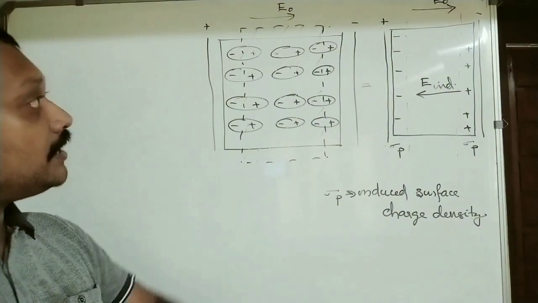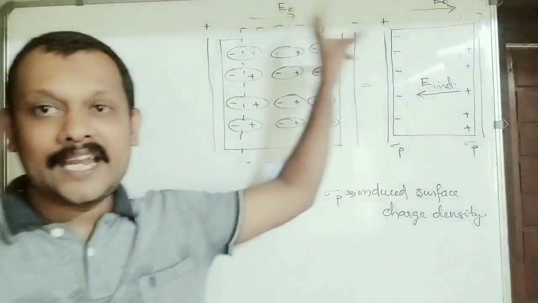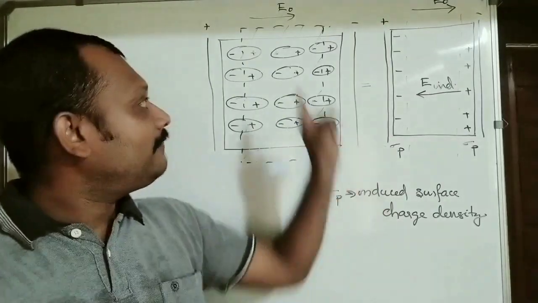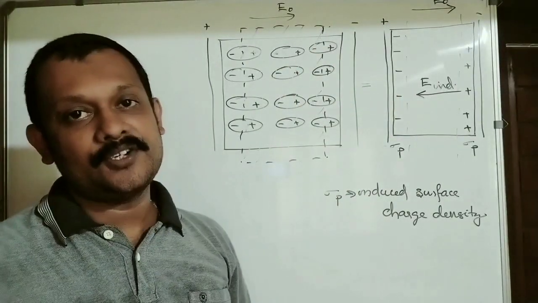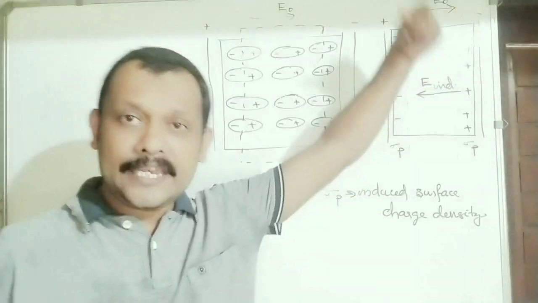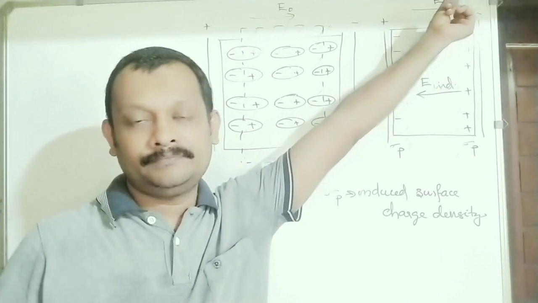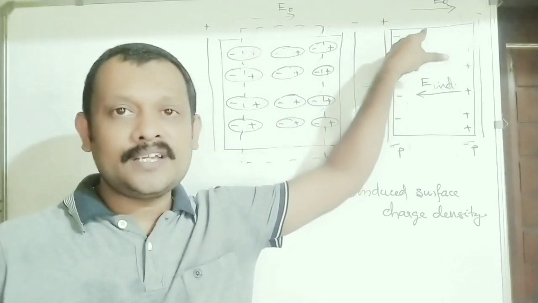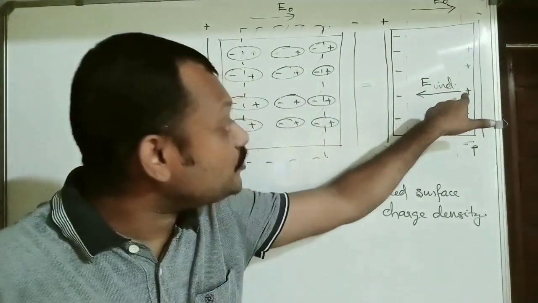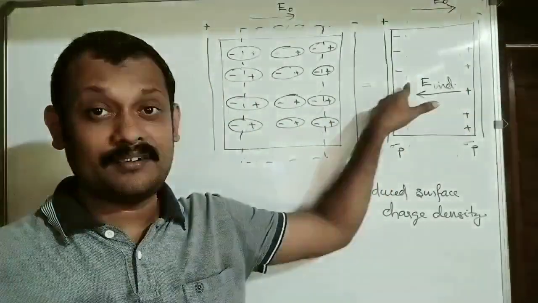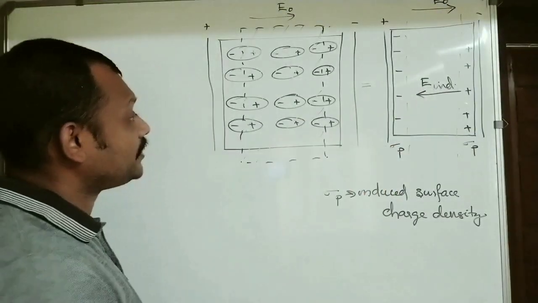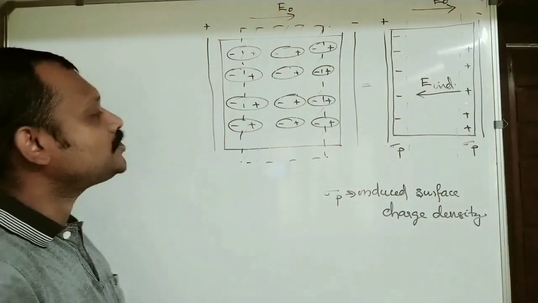When a dielectric is placed in an external field, please bear this in mind, a dipole moment is induced in the direction of the external field. An electric field is induced in the direction opposite to the external field.